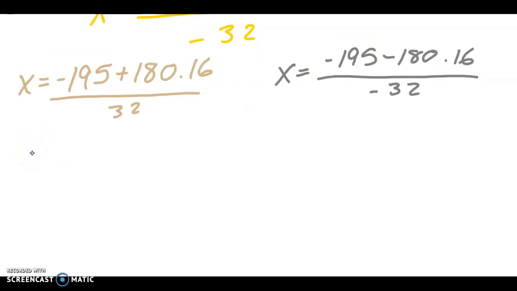So x equals negative 195. So let's get this on the calculator. So negative 195 plus 180.16. It's going to be negative 14.84 divided by a positive 32. That's going to give me x is equal to negative 0.46 when I round that to the nearest hundredth.